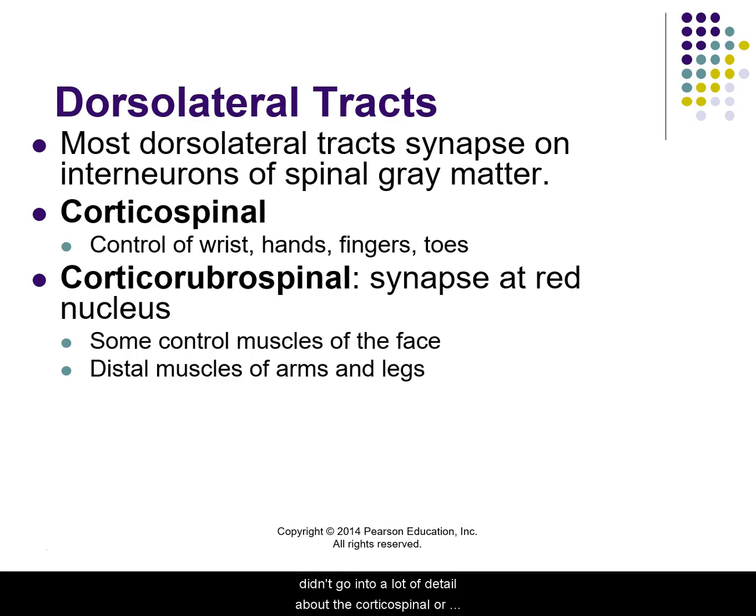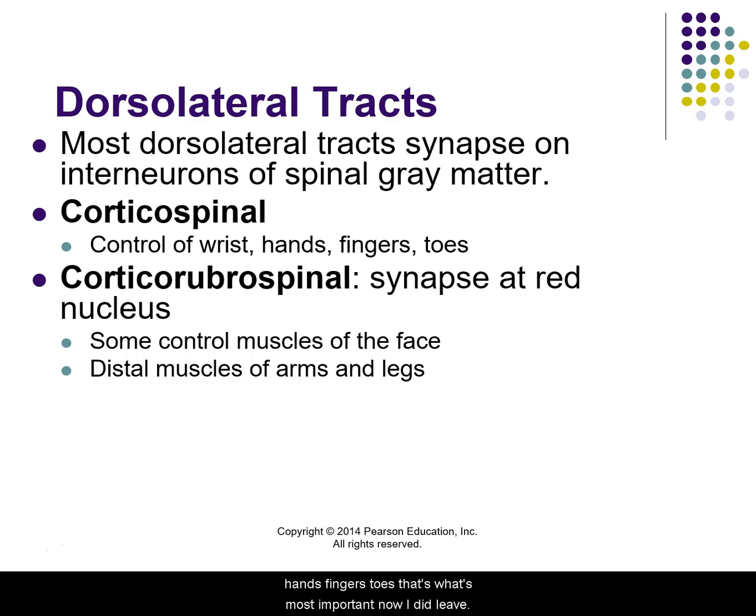So I didn't go into a lot of detail about the corticospinal or corticoruberospinal because I want you to basically know it's a dorsolateral tract. It's taking that information from that secondary motor cortex, okay, into the brainstem, into the spinal cord to affect muscles, right? So the corticospinal is going to affect muscles for the wrist, hands, fingers, toes.